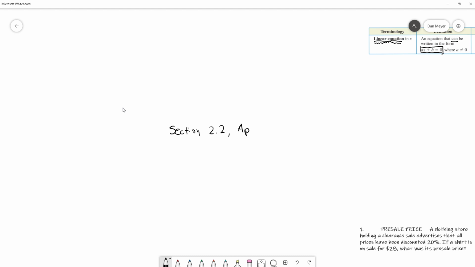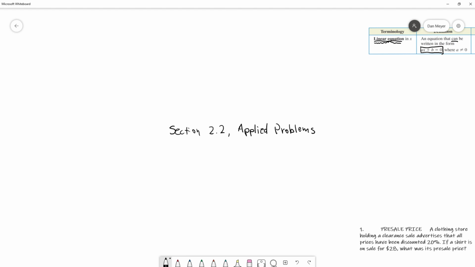Applied problems or applications, that's the code word for story problems. We're going to take the mathematics that we've learned and apply it to real world situations.